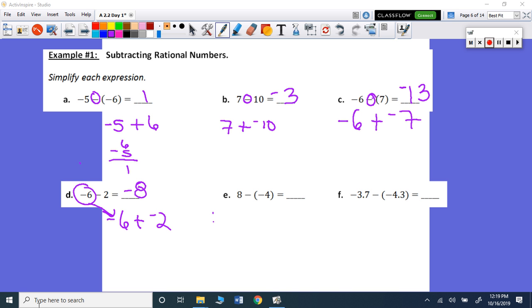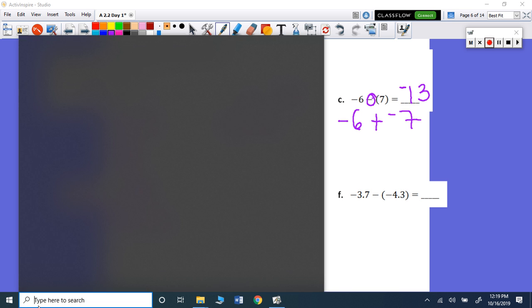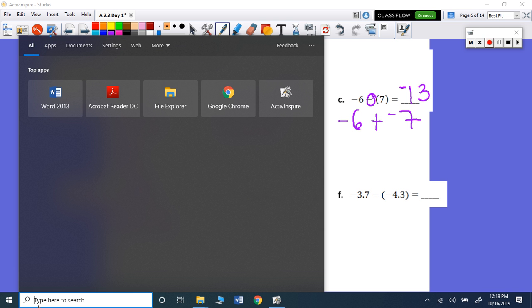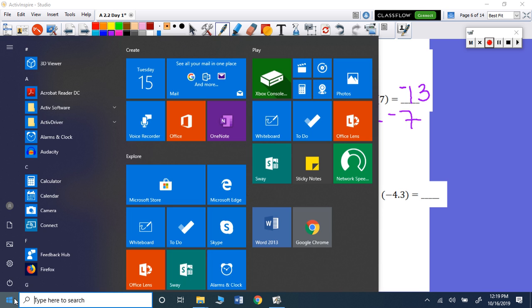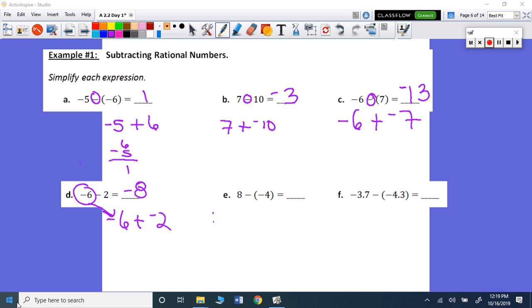Did anybody ever remember that back-to-back negatives are a positive, like Jacob was just saying? Anybody else besides Jacob remember that? You are smart. Well, what that means is if I rewrite this as adding the opposite, it all goes to plus. So that's why back-to-back negatives do make a positive. Okay.